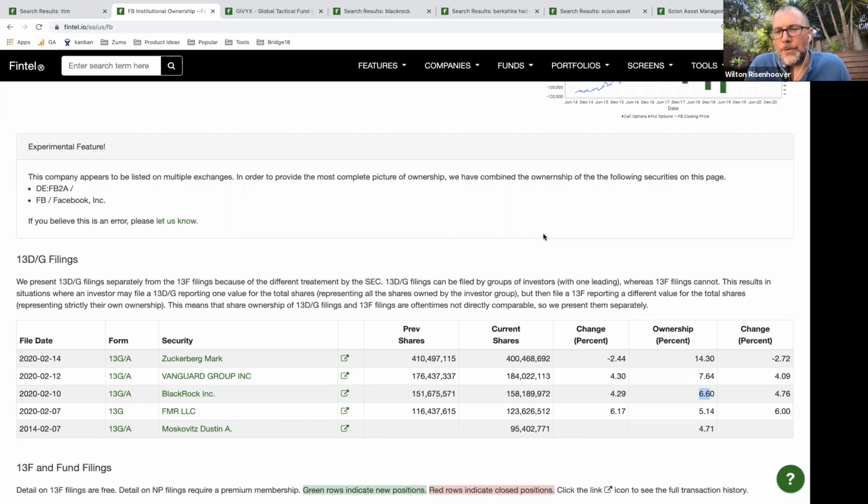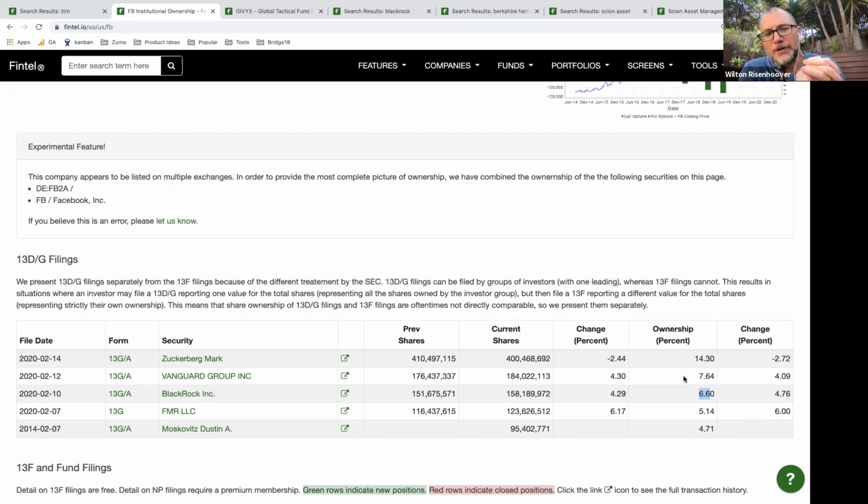When they get to a point where they own 5% or more, then they are required to file a 13G, and they're required to file an amended 13G anytime the value or the amount changes after that. So for example, once Vanguard reached 5%, they had to file. If they then take on more positions, they have to file again.